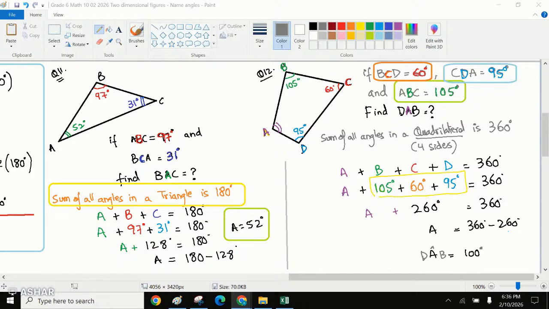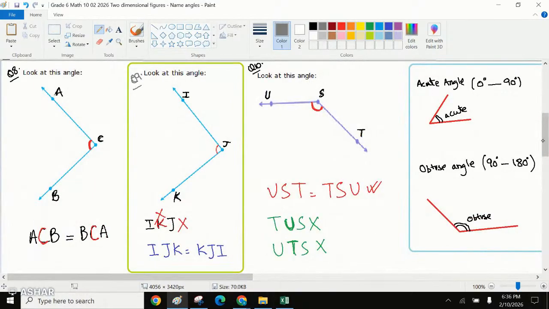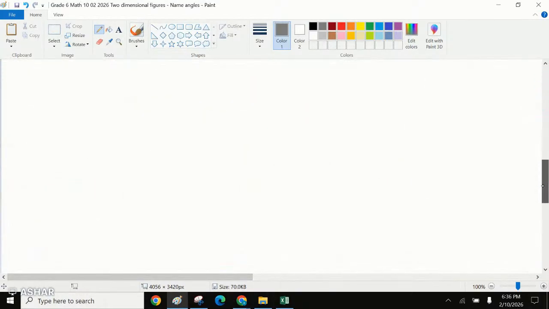Grade 6, chapter number 30 and lesson number 12. So let's begin. I would start off with the test. Very simple topic.